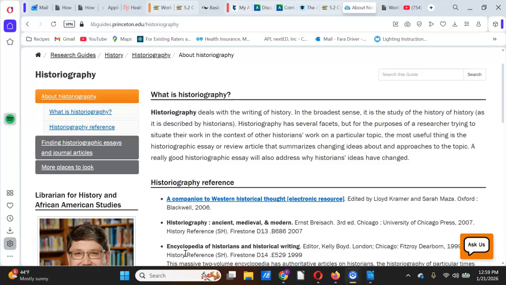Tertiary sources are normally textbooks, encyclopedias, other sources of just big, broad, general information. Encyclopedia Britannica is one, etc. So think about all of those and think about them in terms of critical thinking.